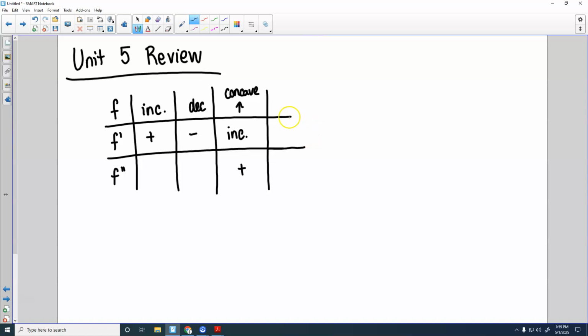And if we have concave down, we have decreasing and negative there. So this certainly is in that section. I think a lot of you still draw this chart or parts of it next to your problem. So I think we're pretty good with that, but it's the basis for everything in this unit.